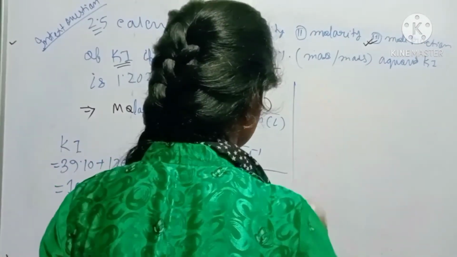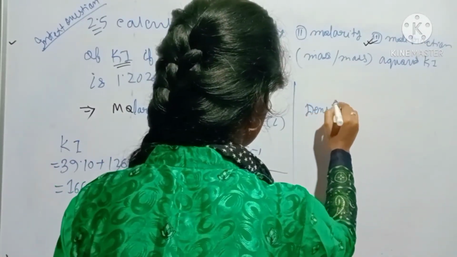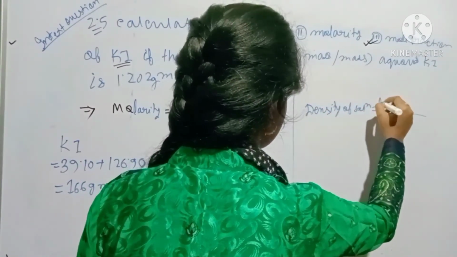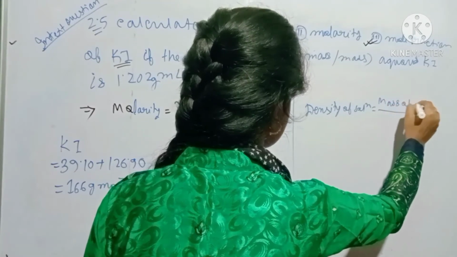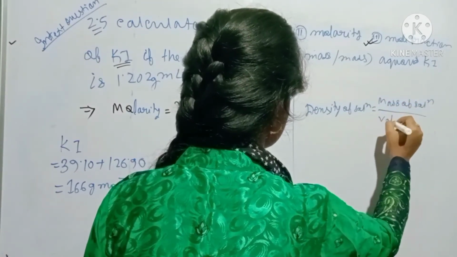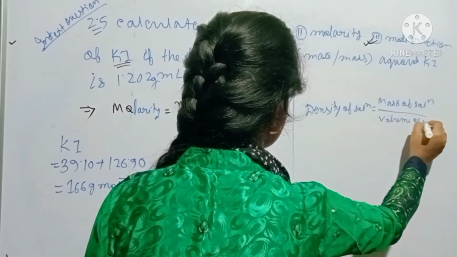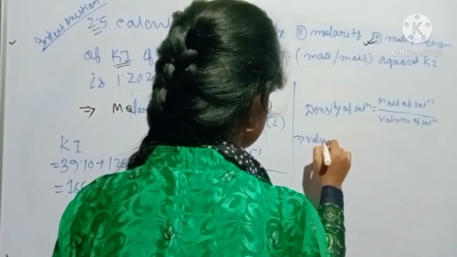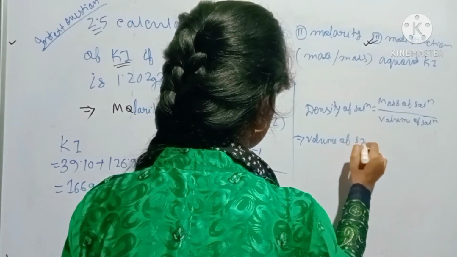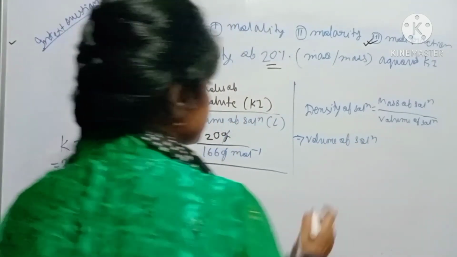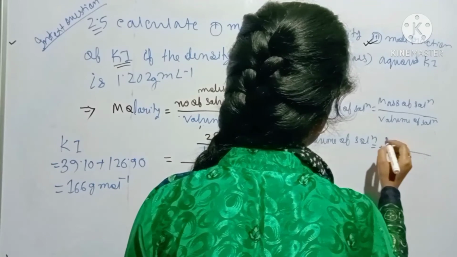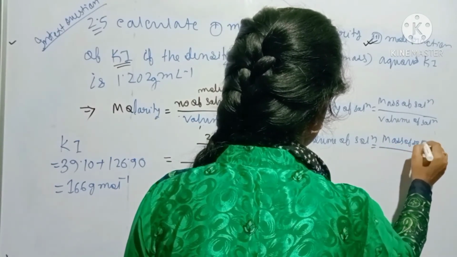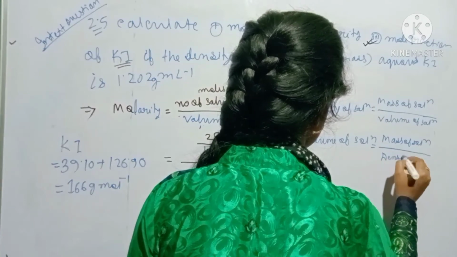We know that density of solution equals mass of solution divided by volume of solution. You already know density equals mass by volume. We need the volume of solution, so volume of solution equals mass of solution divided by density of solution.